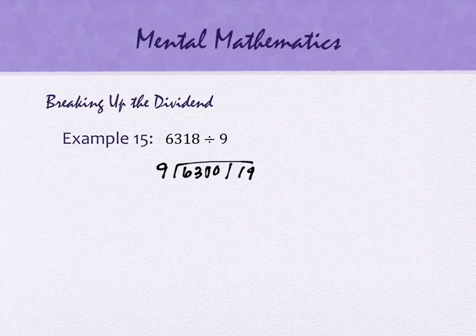So what is 63 divided by 9? 7. And so 6,300 divided by 9 would be 700. I wrote 19 and I meant to write 18. Thank you. Okay, so there's 700. And then the 18 divided by 9 would be 2. So my solution is 702.